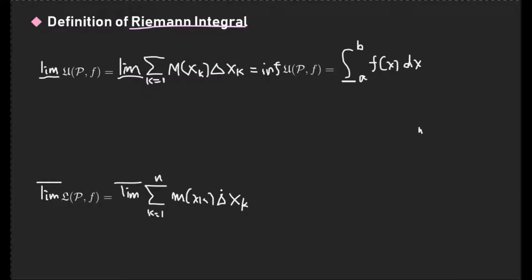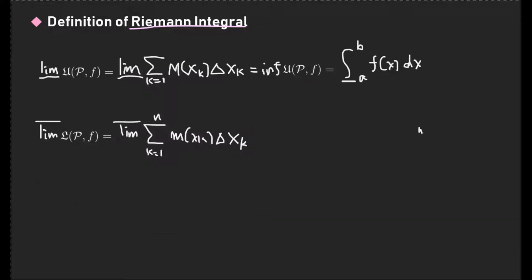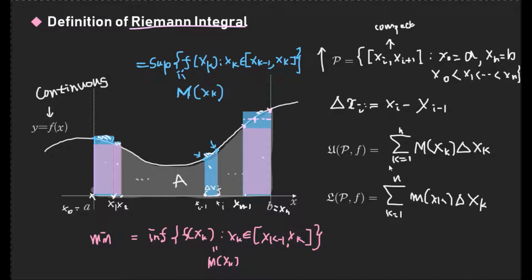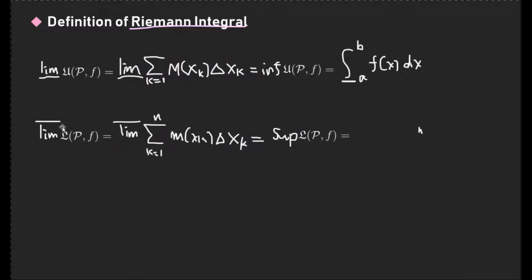And some others define the supremum of the lower sum. Because the upper sum is larger than the area A, if we find the value of A, it is the infimum of these values, and in the case of the lower sum, take the supremum.